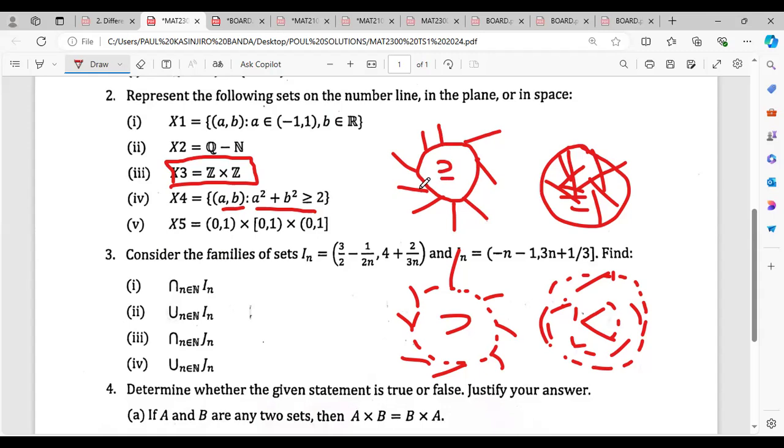Okay, so what do we first have to do? We have to find the radius, and then it will help us to draw the circle on the x-y plane. So how do you find the radius? So if I have x squared plus b squared, if you're taking Mat2300, you know the equation of the circle, right? So here you're being given greater than or equal to 2.